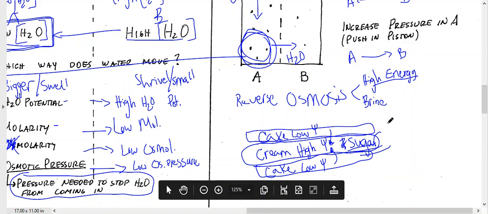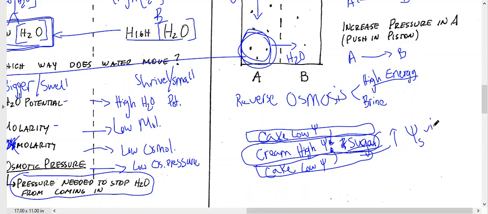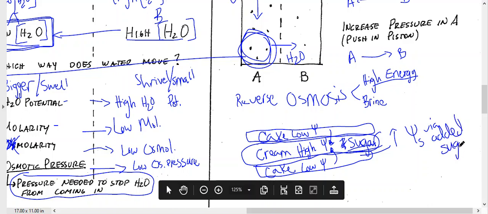This is the same thing. So what they do is they increase the solute potential. So the subscript here is S for solute. And they do that via added sugar. This is the same thing for pastries and pies and any kind of cake that you might buy. For burritos, when you go to Chipotle or whatever, the filling that they put in, the meat filling or whatever you want in your burrito, is usually very salty.